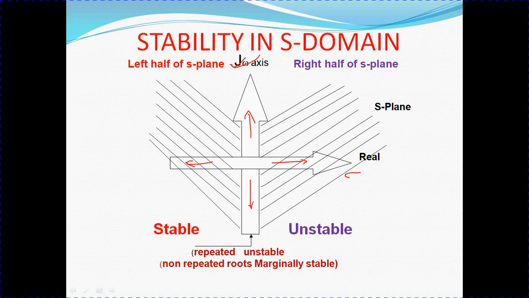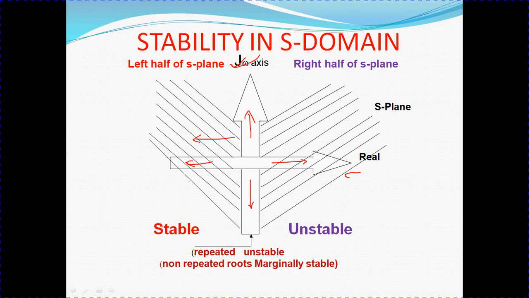The location of poles in this S domain is going to determine the stability of the system. If the poles are located on the left hand side of the S plane, that is known as LHP, the left half of the S plane, then the system is going to be stable.